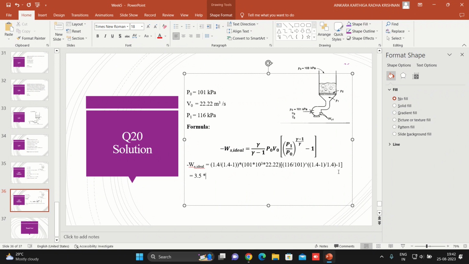Into 101 into 22.22, it is 2244.22, and then it is 116 divided by 101, that is 1.14851, to the power 0.4 divided by 1.4, that is 0.28571, minus 1.